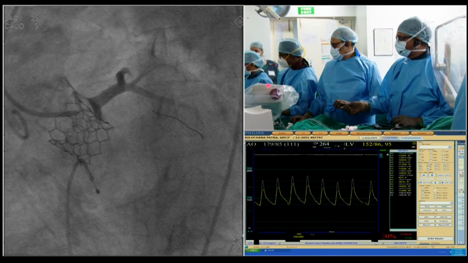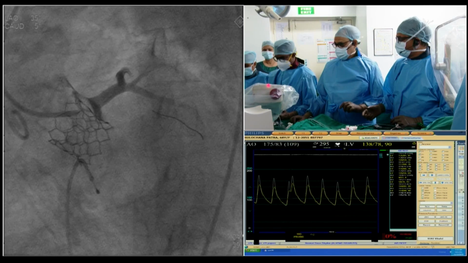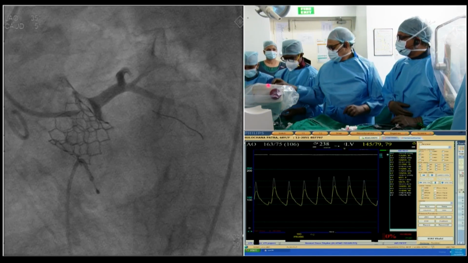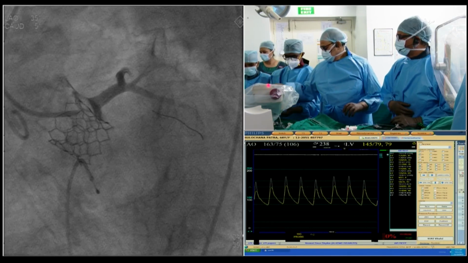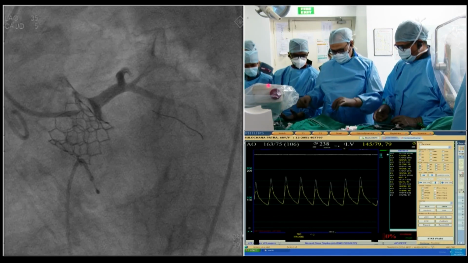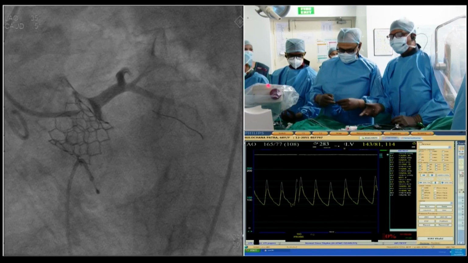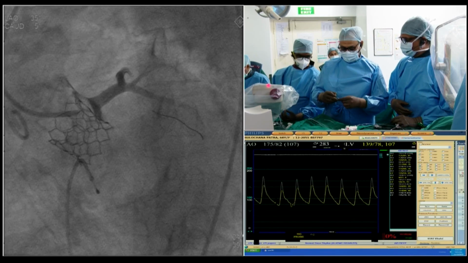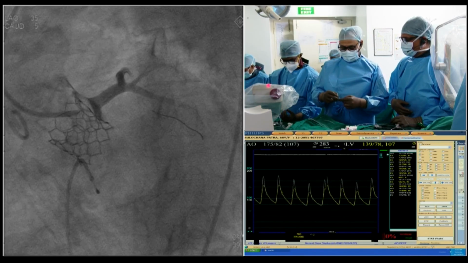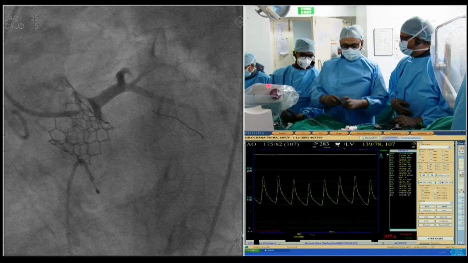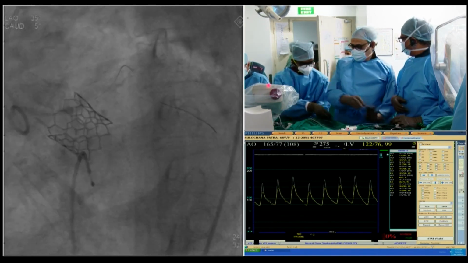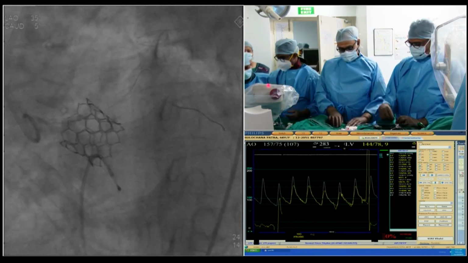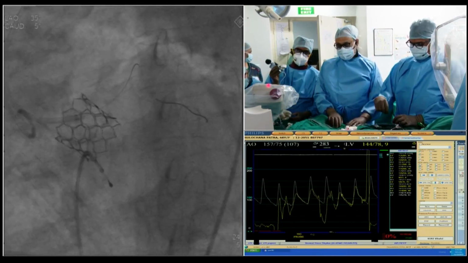Onyx, we are going to take that. I don't want anybody to comment on the interaction between Zotarolimus and Everolimus now, please. No, they're both limus, so it's okay.